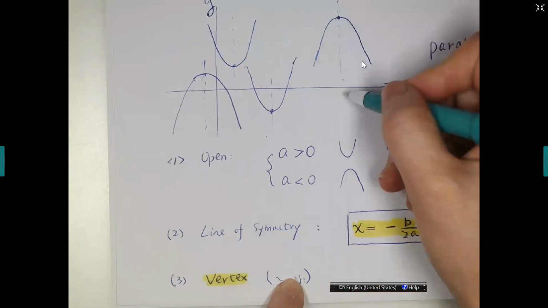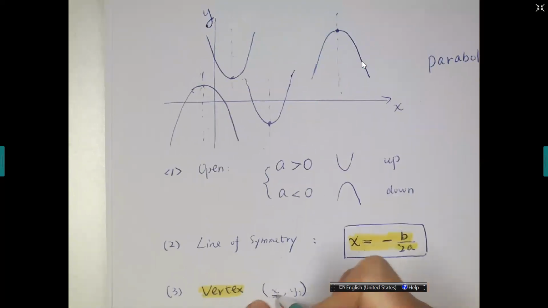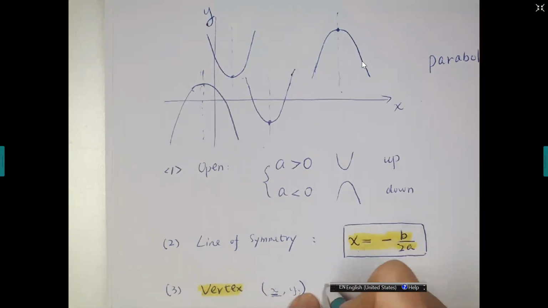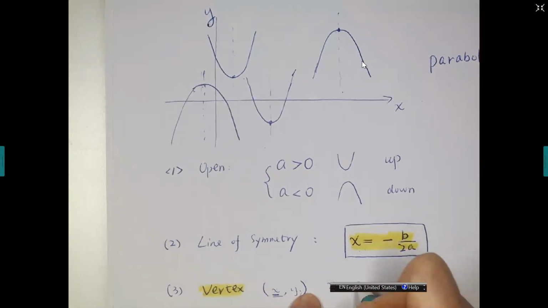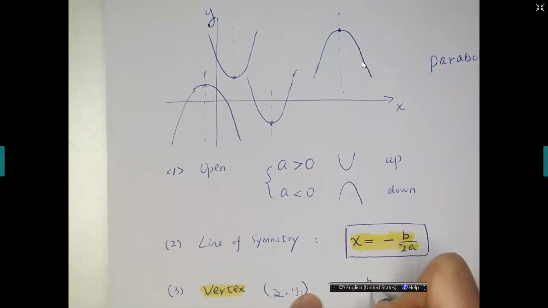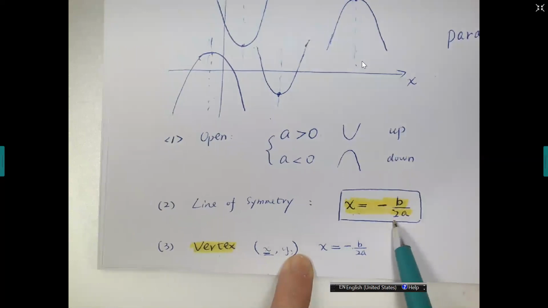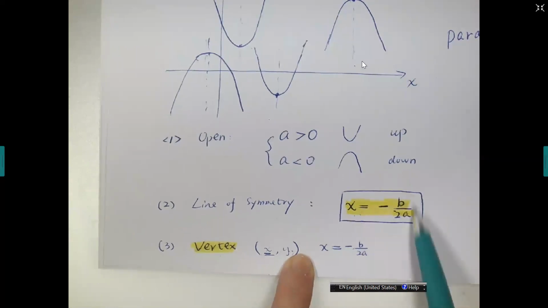So then we know what? The x for the vertex, the horizontal coordinate, is always equal to negative b over 2a. Why? Because it is on the line of symmetry, and the line of symmetry has an x value of negative b over 2a.